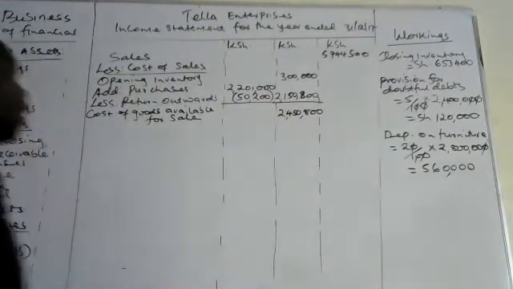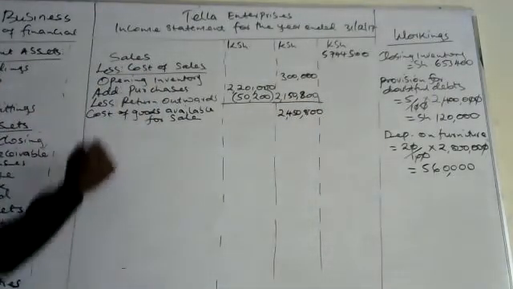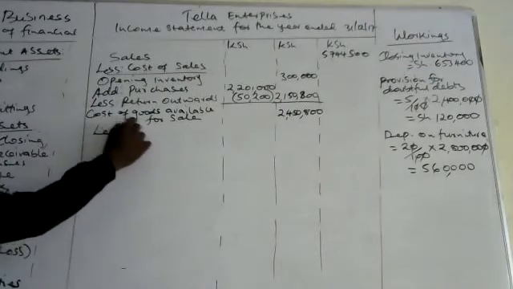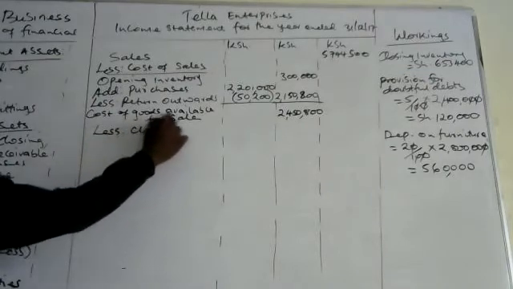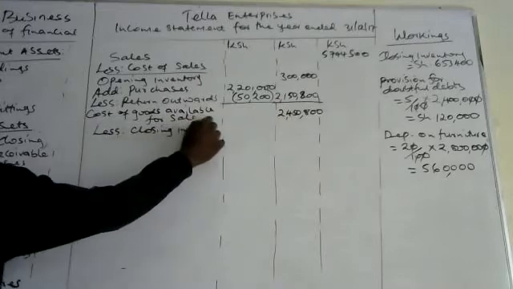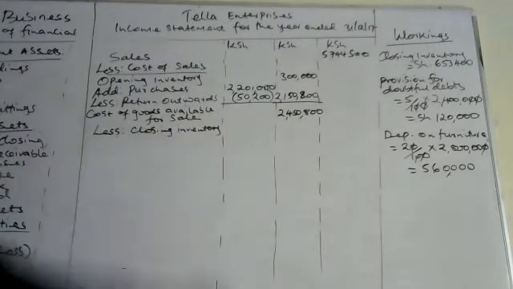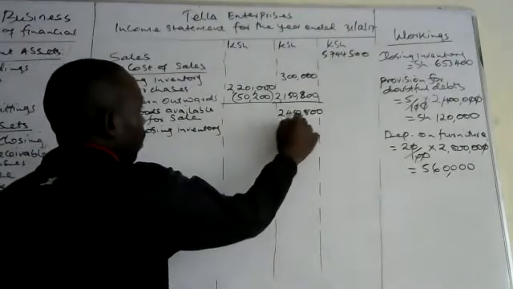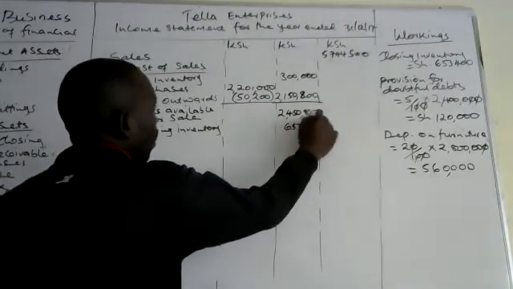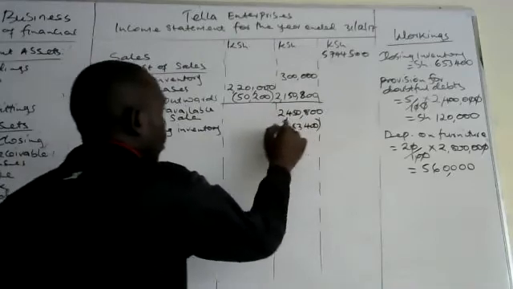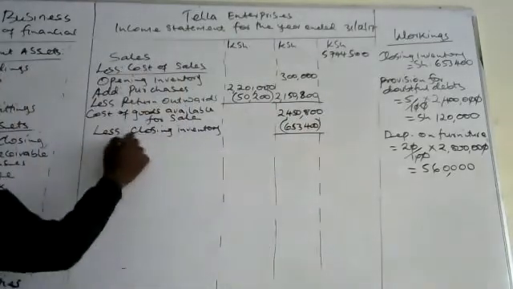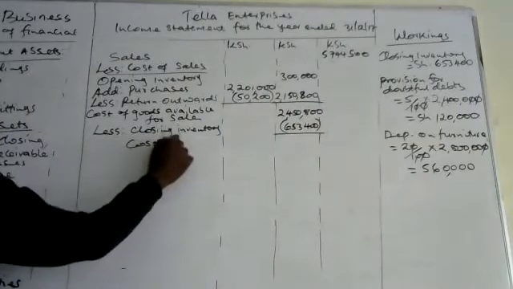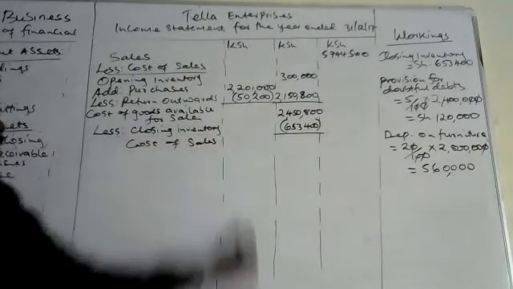Then to that, we less what was never sold, less closing inventory, additional information number 1, 653,400. The figure that we shall get there is what we refer to as the cost of sales.